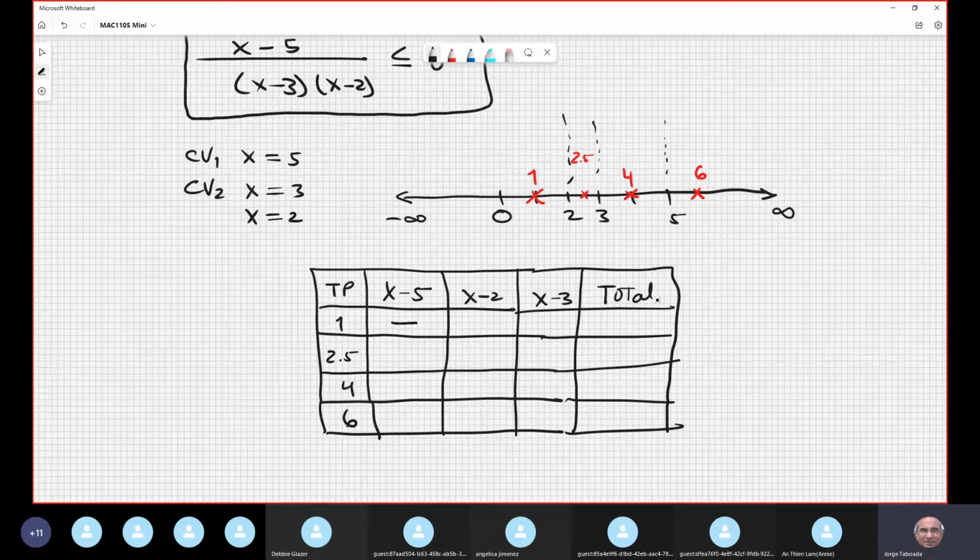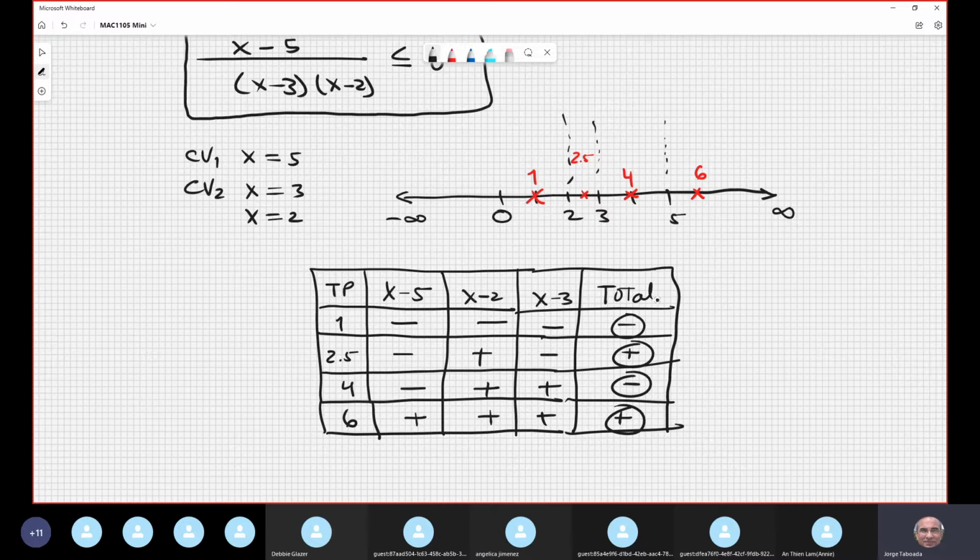With 1, x minus 5 is negative. This is negative also, this is negative, 3 negatives, negative. 2.5 is negative, positive, and negative: 2 negatives, positive. 4 is negative, positive, because 4 minus 2 is 2 positive, and 4 minus 3 is positive, so negative. And 6 is positive. No circle. I circle only the last in the column: plus, plus, plus.